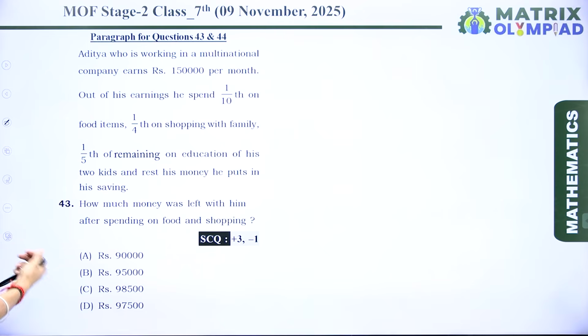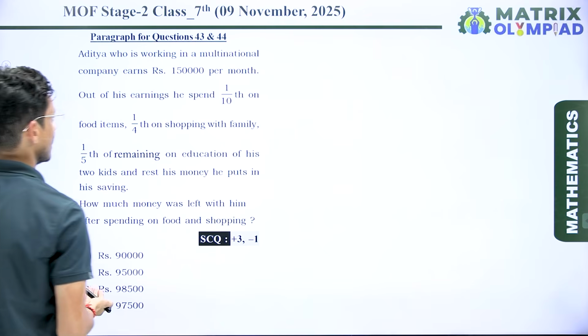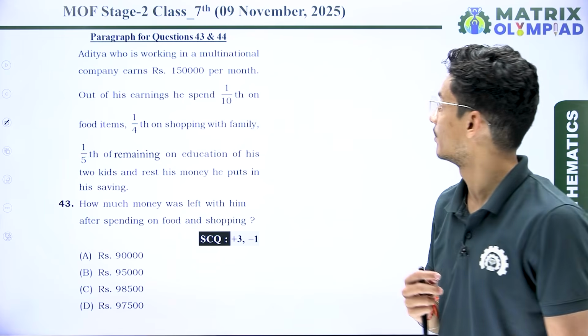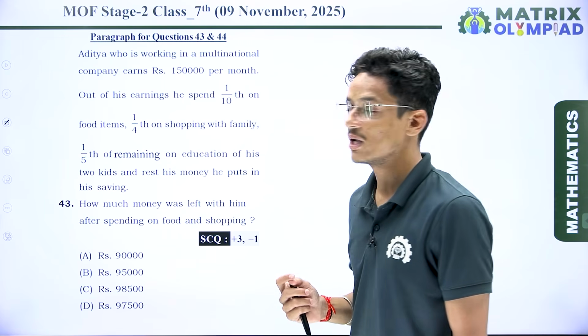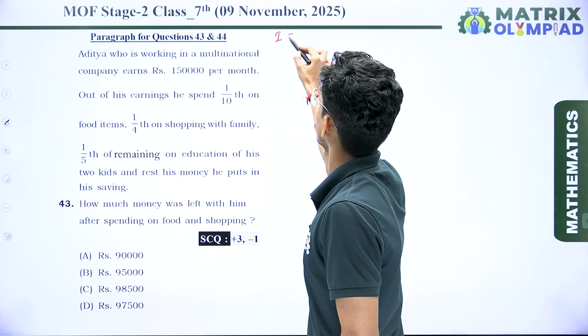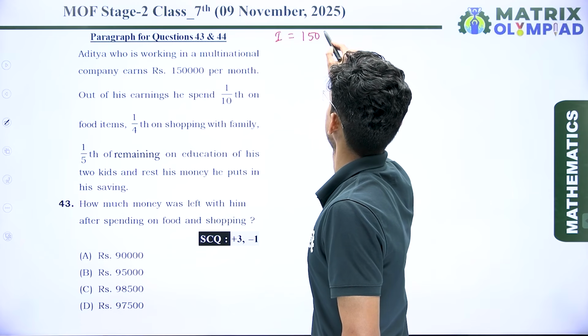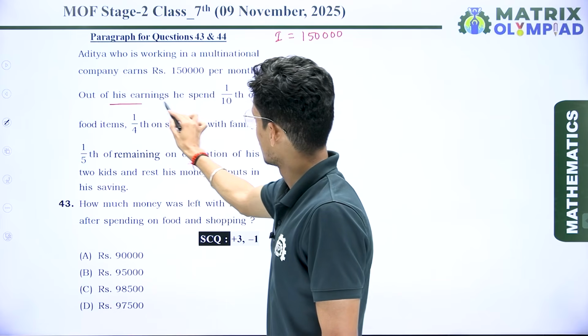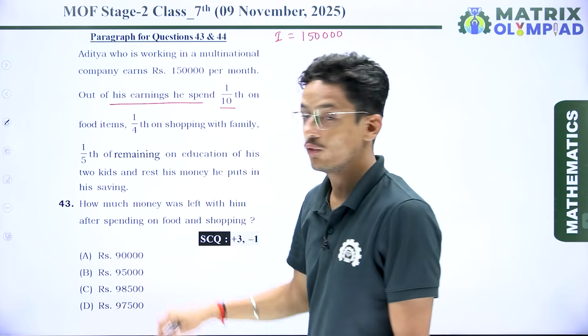So now if I talk about the next question, which is based on paragraph, and the paragraph is Aditya, who is working in a multinational company, earn rupees 1,50,000 per month. So income is 1,50,000 per month. Out of his earning, he spent 1/10 on food item.